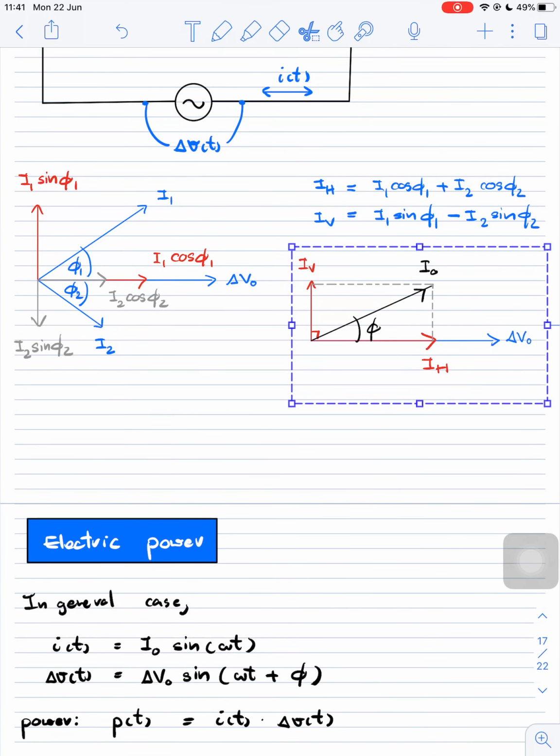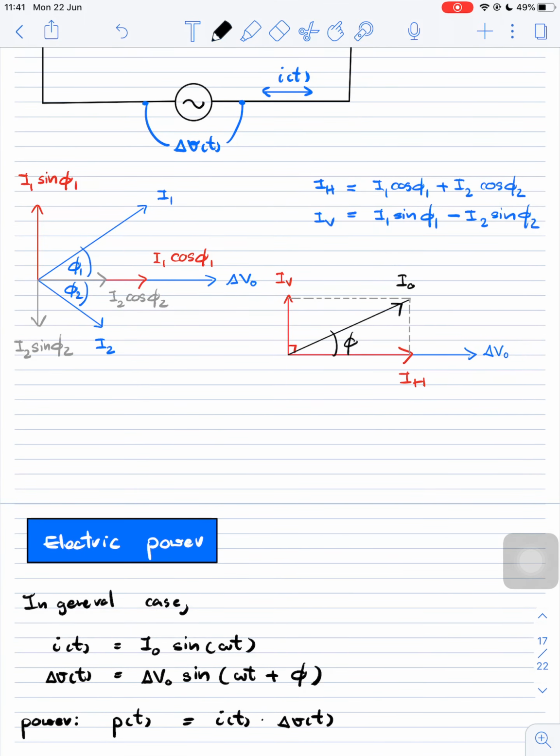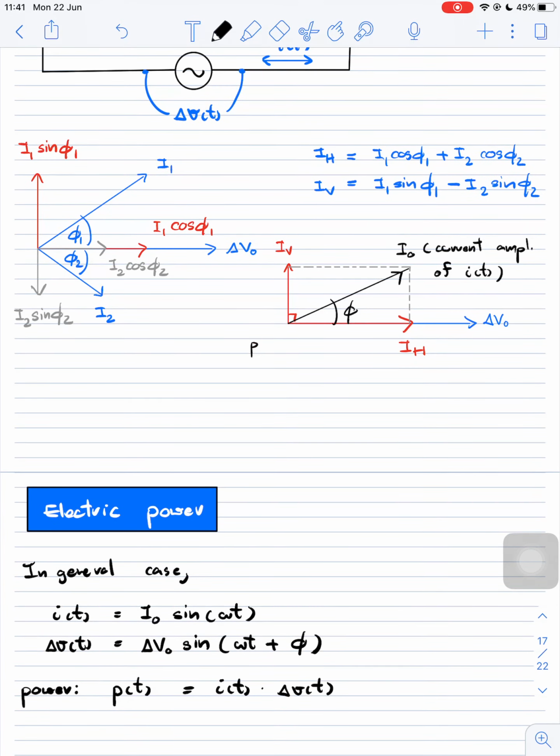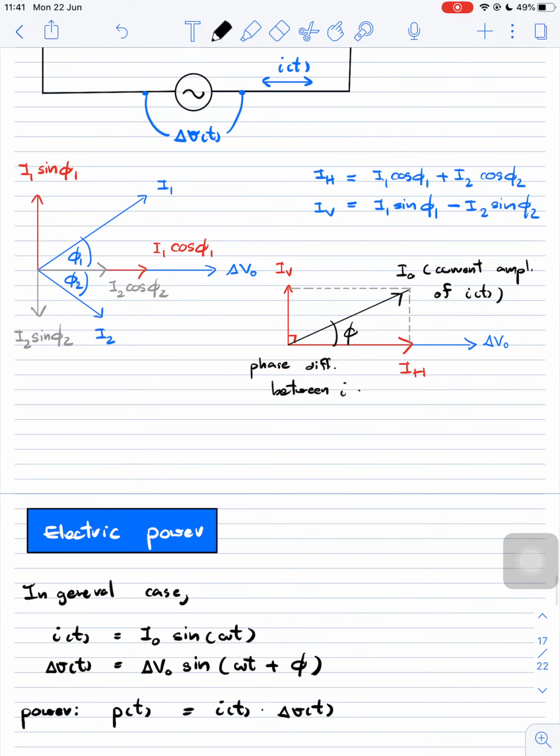Let me emphasize again: I naught here is the current amplitude of the total current, and phi here is the phase difference between I and delta V.